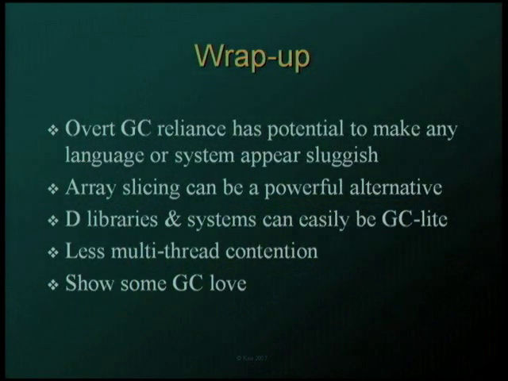All right, so quickly a wrap up here. I'm going to repeat what was on the first slide. Overt GC reliance still has the potential to make any language or system appear sluggish. That is true with D, as it is with any other language that has a garbage collector. Obviously, D has a nice feature in array slicing that can help you avoid putting too much pressure on the garbage collector.